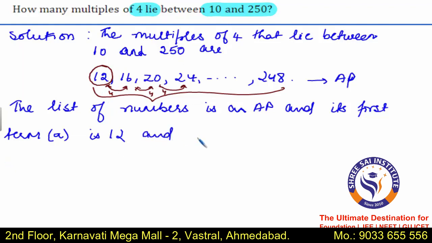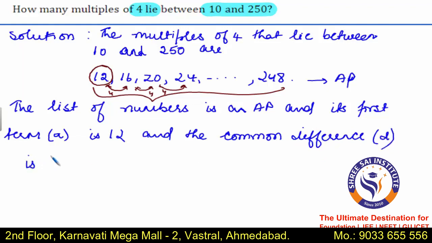and the common difference, that is denoted by D, is obtained by subtracting any term from its succeeding term, and that comes out to be 4. Therefore, common difference is 4. Here the last term, which is a multiple of 4 between 10 and 250, is 248.